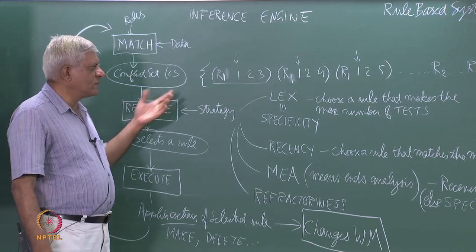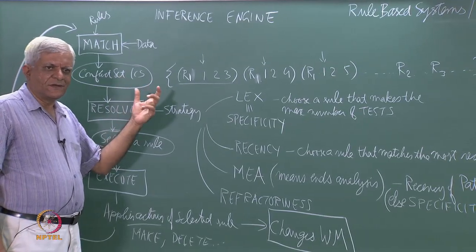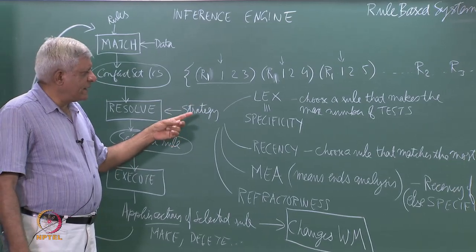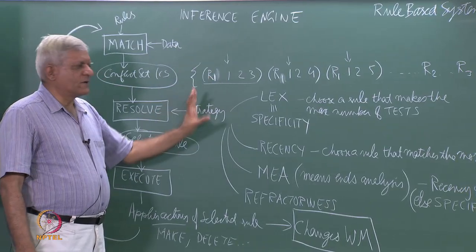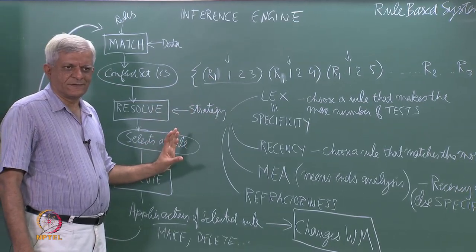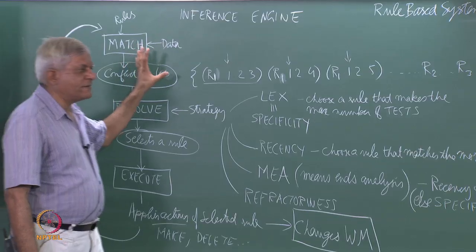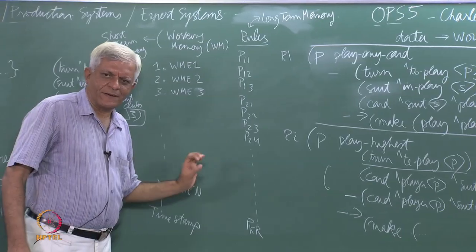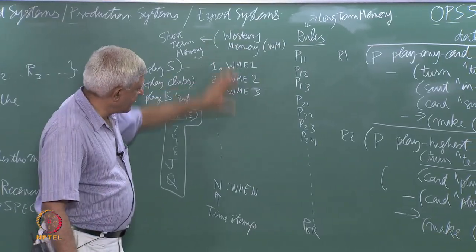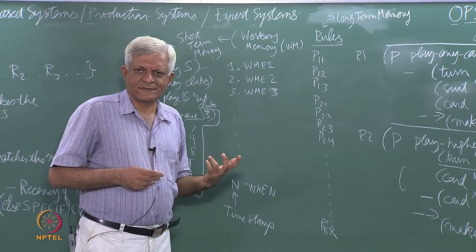Resolve has to look at this entire set of matching rules, the conflict set, and apply the chosen strategy, whichever strategy we have chosen, to select one of these. And what does match have to do? Match has to look at the entire set of rules or the entire set of patterns we have, compare it with the entire working memory and try to find out what is the conflict set.